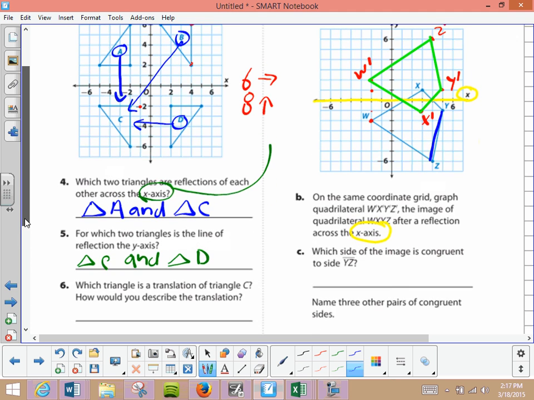Yep, Y prime Z prime. All right, name the 3 other pairs. So these 2 are the same thing as these 2, right? And that. Oh. Those are not congruent.